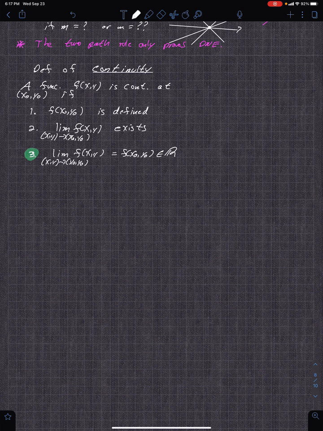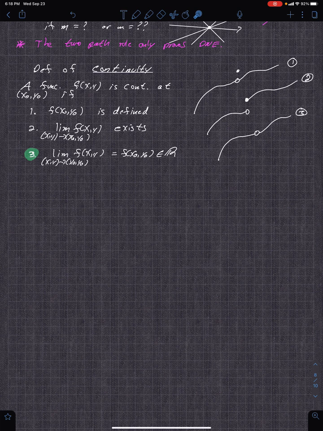So the different cases you might see is something like this. This is a two-dimensional case. That's like case 1. You could have something like this, case 2. And then you could have something like this. All of those are not continuous.